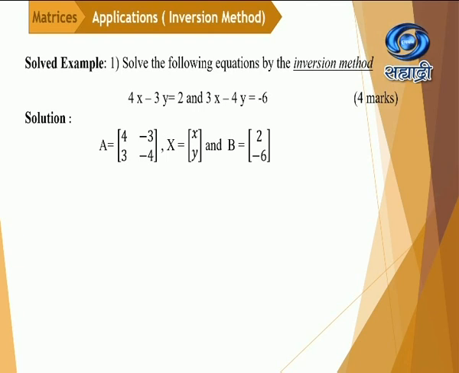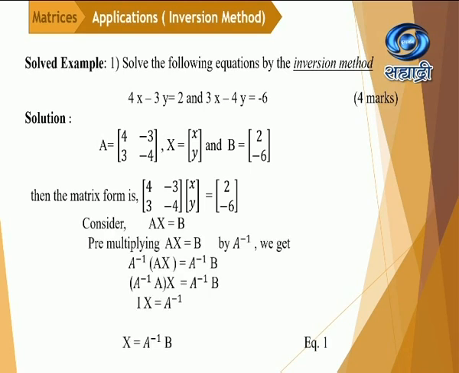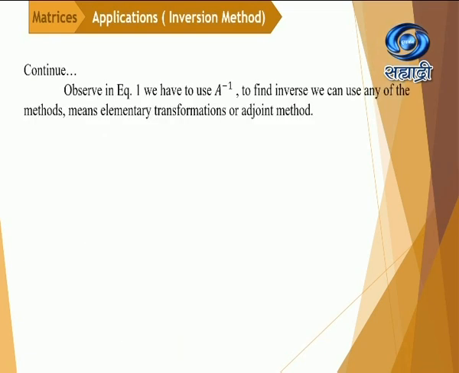Therefore, A is 4, minus 3, 3, minus 4. X is the column matrix xy and B is the matrix of constants 2, minus 6. Write this in matrix form as AX equal to B. After pre-multiplying by A inverse, we have the reduced system X equal to A inverse B. Then to solve for X, we need A inverse.